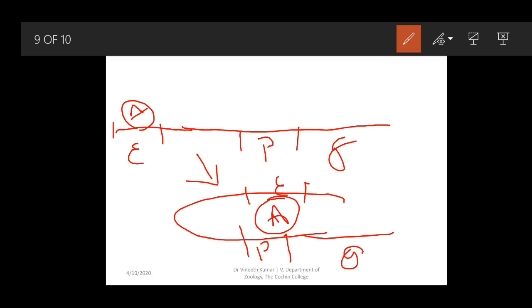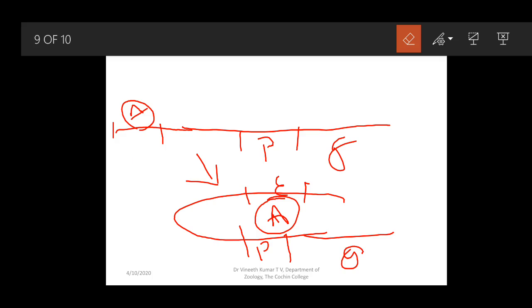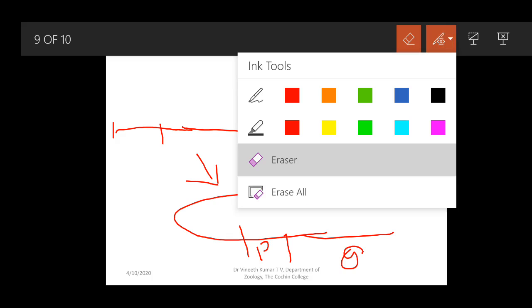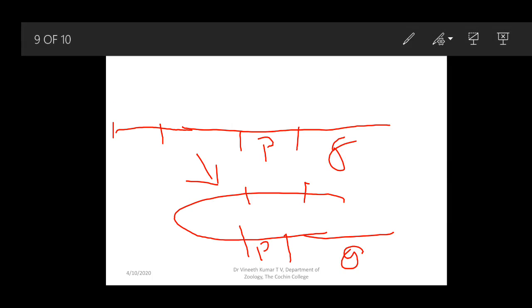So enhancers activate transcription. Now if we take the other one, which is our silencer: if this is a silencer element and a repressor protein binds here, the same thing happens.